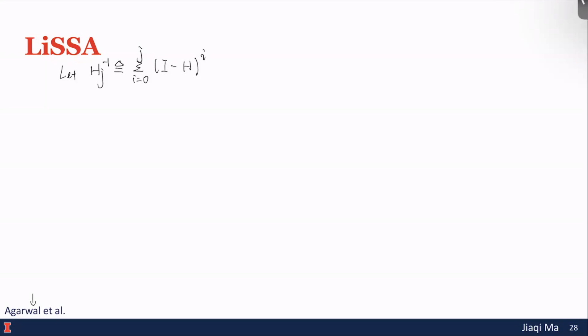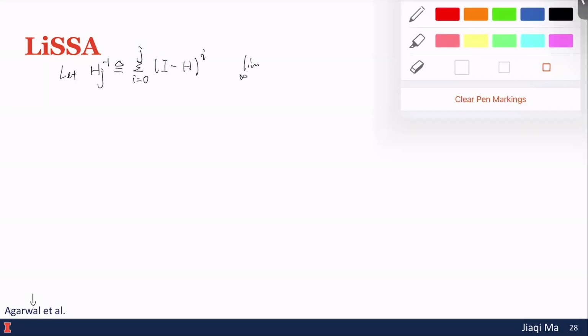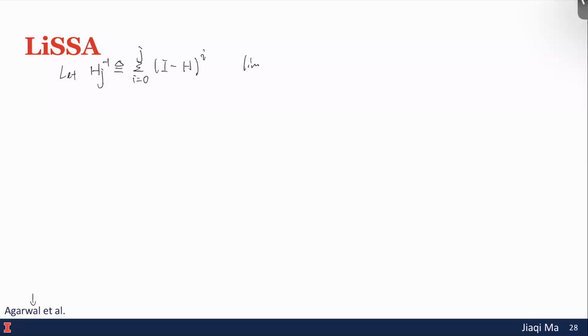And under some regularity assumption, this is actually a kind of Taylor expansion. We know the limit of this term approaches the original Hessian inverse, because this is essentially the Taylor expansion of Hessian inverse.